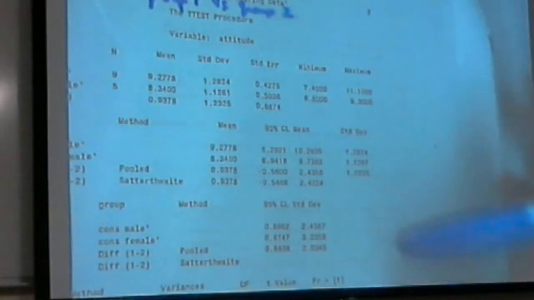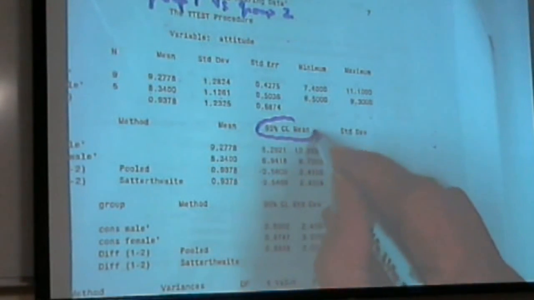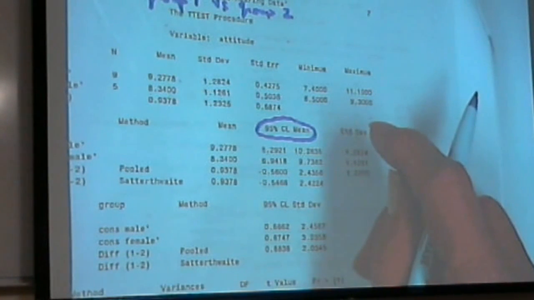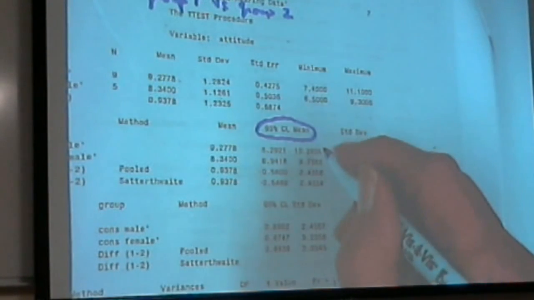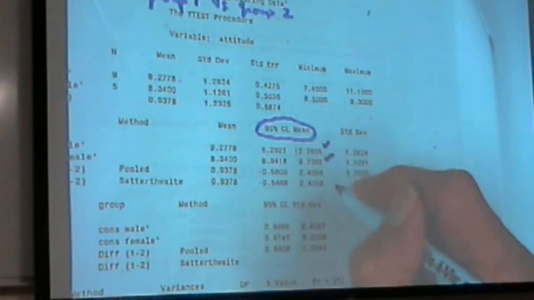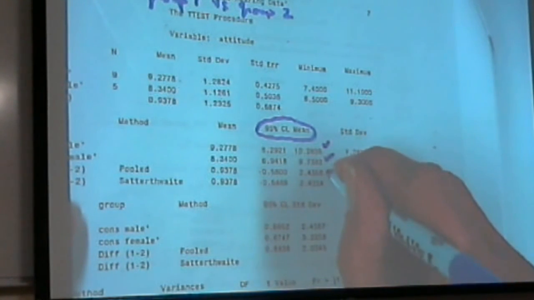The next layout gives us the same means, but it's giving us 95% confidence intervals. For the means singly, there and there, but for the difference between the two, there's the interval.